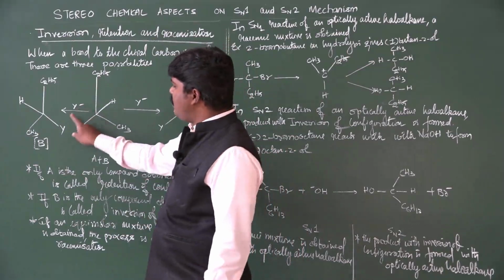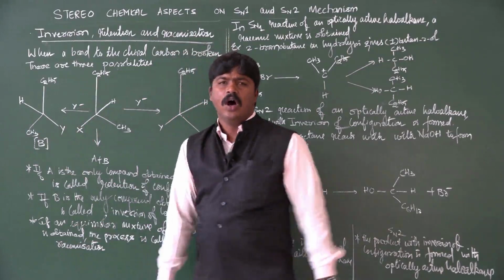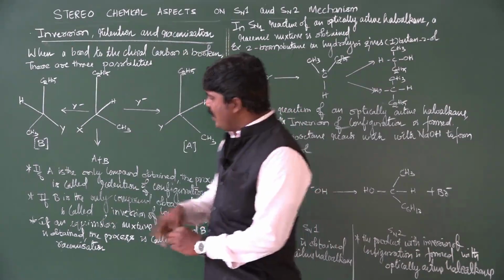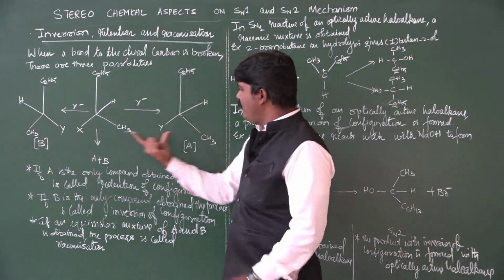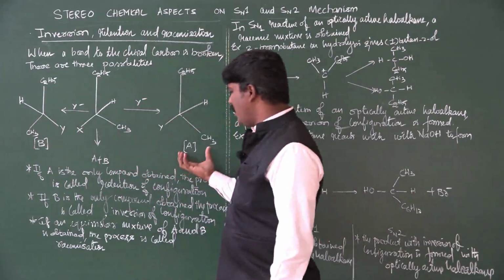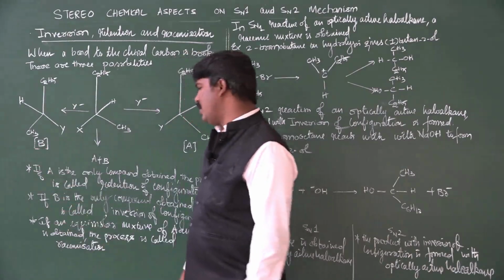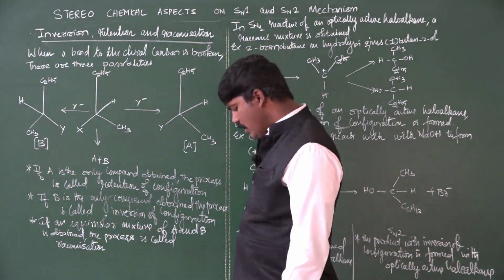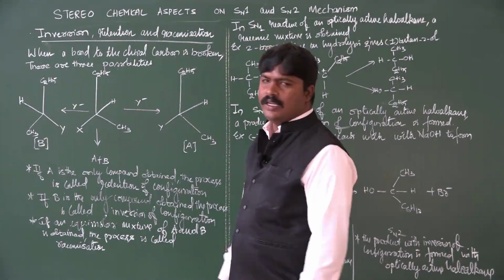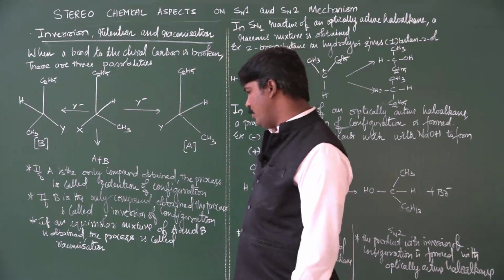The Y replaces X but in the reverse order. That means inversion is taking place. You can see the difference between A and B. A is retention and B is inversion. So what is the concept here? If B is the only compound obtained, the process is called inversion of configuration.